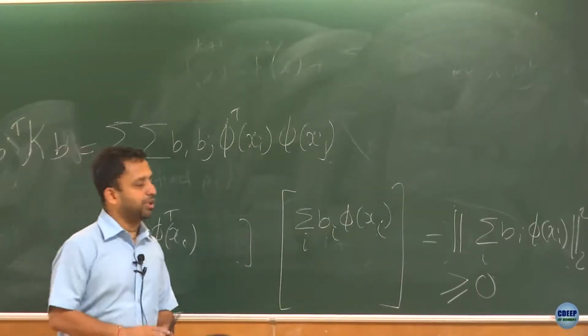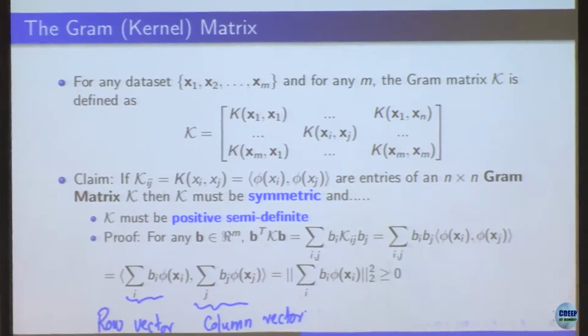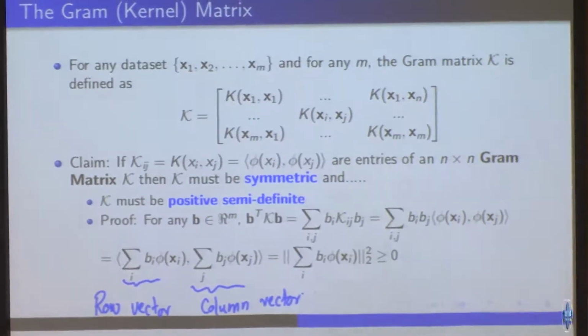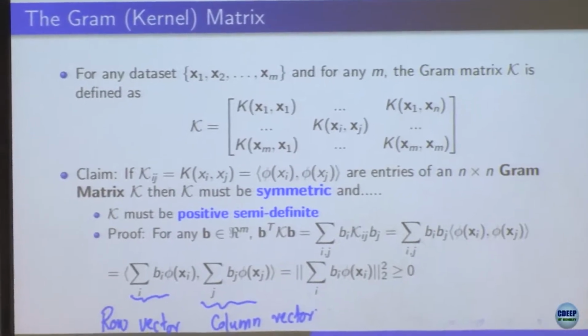That is what makes it positive semi-definite. Again I repeat, if there exists a phi, then K we have shown is positive semi-definite.